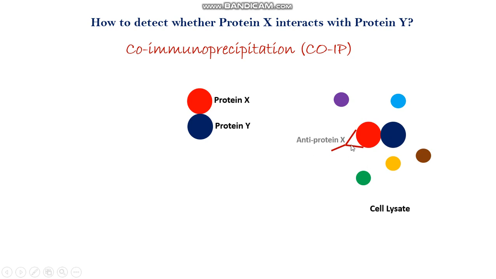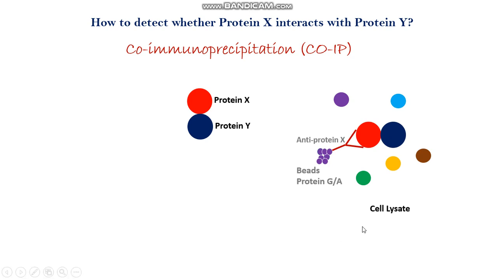I need to use this protein X primary antibody to bind with the protein X. I need to incubate this antibody with the cell lysate overnight, and then use protein G or protein A beads with a 2-hour incubation. Basically the protein G or protein A beads bind with the constant region of the antibody. This is how the beads trap the antibody.